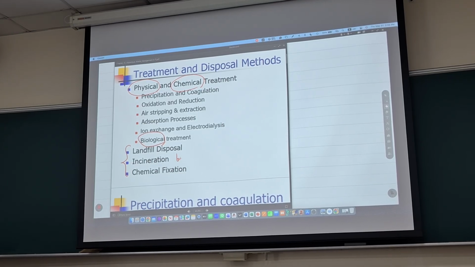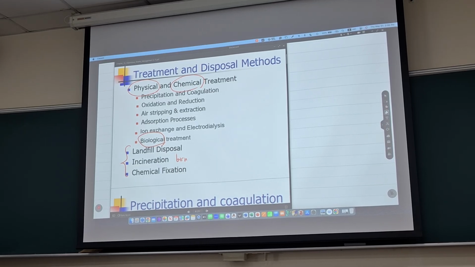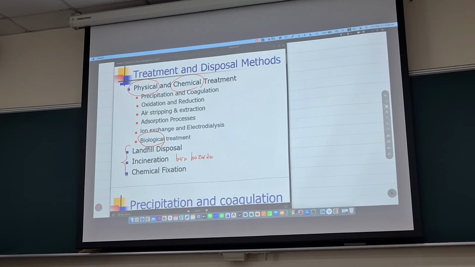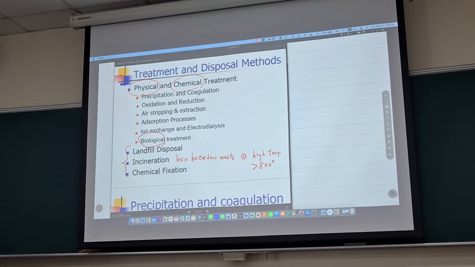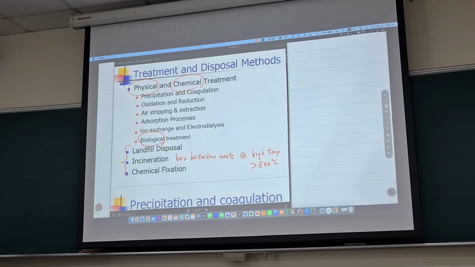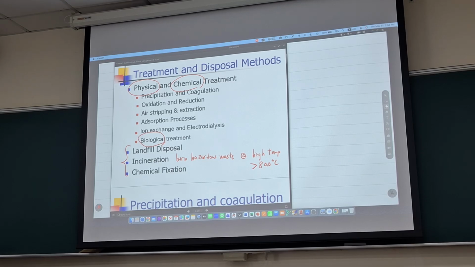You need to burn the hazardous waste at high temperature, normally more than 800 degrees Celsius. If you burn it at low temperature, for example, some plastic, you will produce even more toxic chemicals called dioxin.